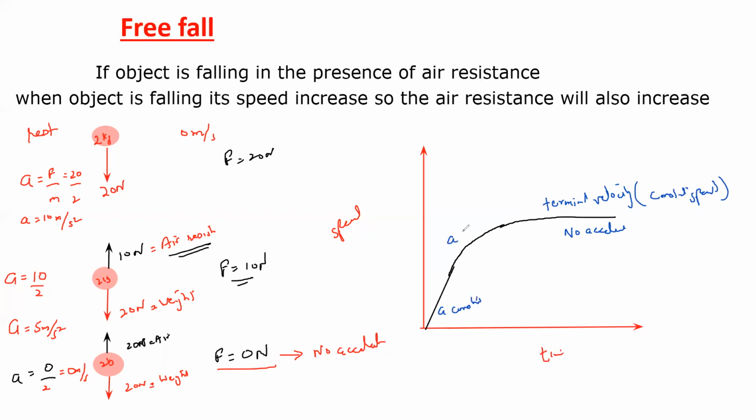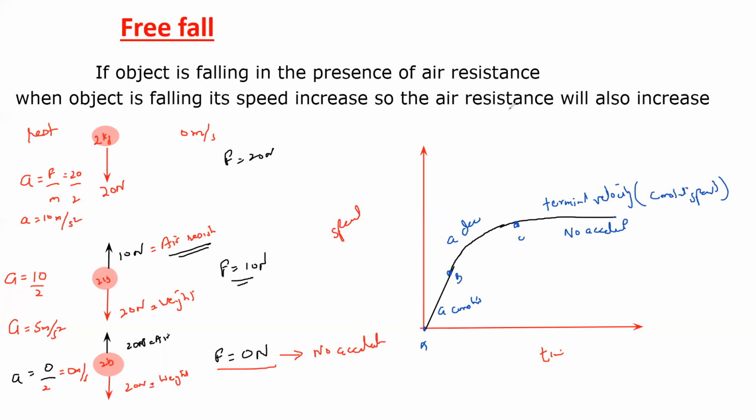At this point, the acceleration is decreasing. And here, the acceleration is 0, which shows that the object's weight balances with the air resistance. That's why the acceleration is 0 and it will fall with a terminal speed or terminal velocity.